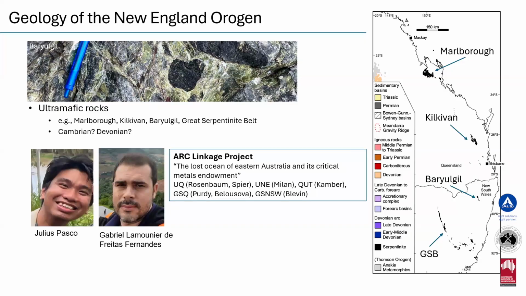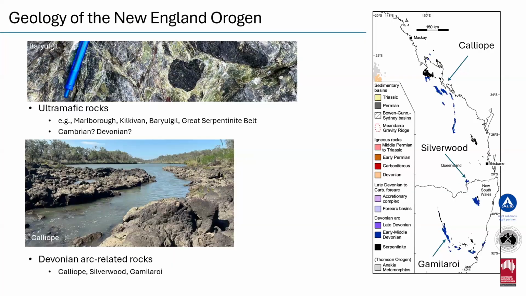We're working actually on those rocks in the scope of an ARC linkage project, jointly with the University of New England, Luke Milan, with QUT, with Balz Camber, and GSQ and GS New South Wales. And Julius, who is here, is our PhD student working specifically on the ultramafic rocks. Gabriel is based in New South Wales and working mainly on the Great Serpentinite Belt. So these are the ultramafic rocks, and they are commonly found adjacent to other relatively old rocks in the New England Orogen.